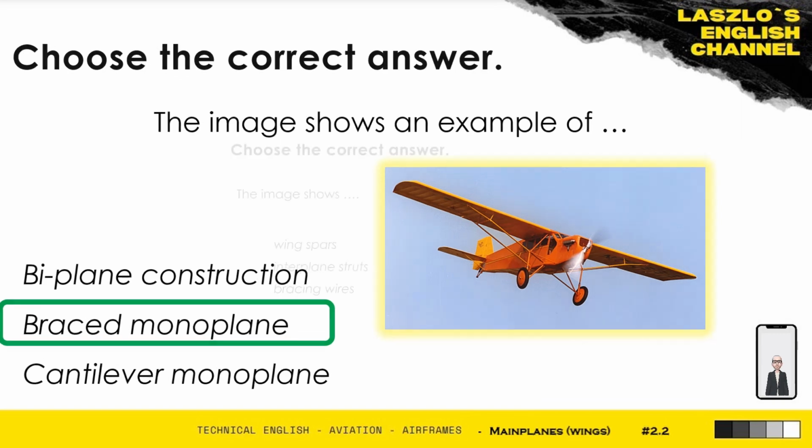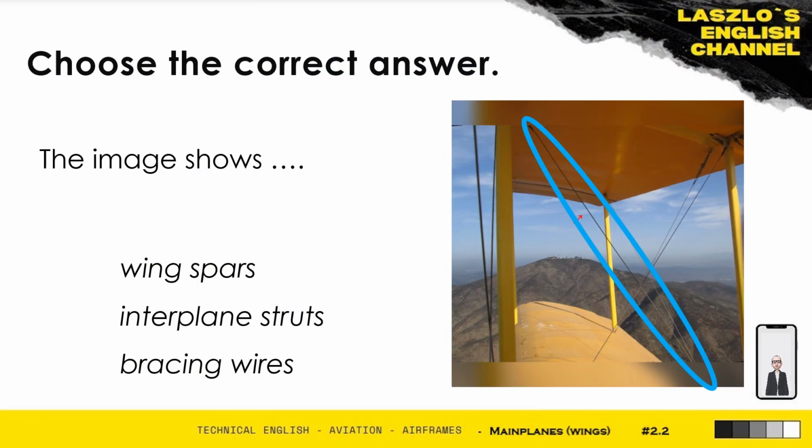All right, and I think we've got one more question right here. What does this image show here? Wing spars, interplane struts or bracing wires? Hopefully you have all chosen the bracing wires here. So bracing wires is the correct answer here.